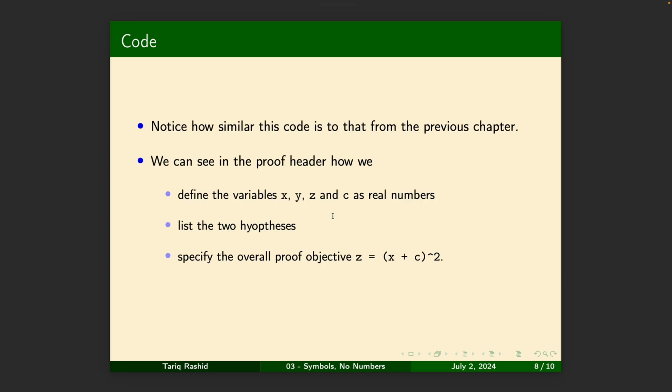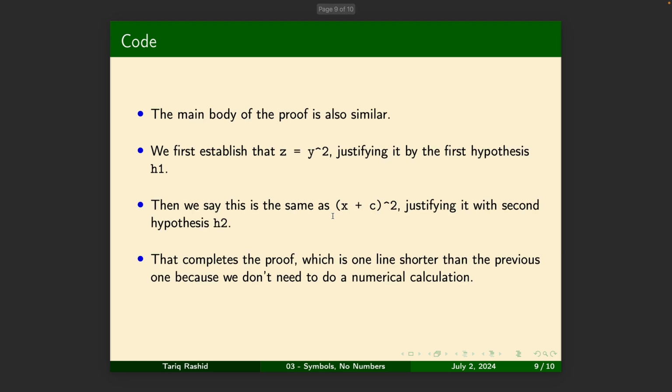So the thing to take away from there is that the code is almost exactly like the code we used in the previous video. It's actually one line shorter because in the last one we had to do a numerical calculation, and we don't here. Yeah, so not too difficult, hopefully. That I think was just practice really, and that's sometimes good to do.